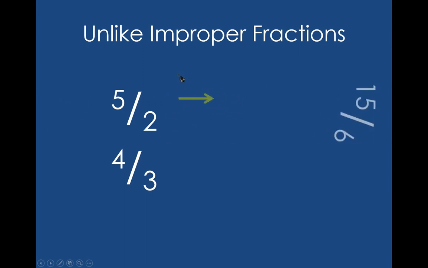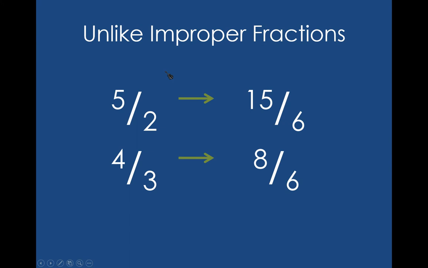So, we just get their least common denominator, which is 6. 6 divided by 2, 3 times 5, 15. Then, copy 6. Same here: 6 divided by 3, 2 times 4, 8.